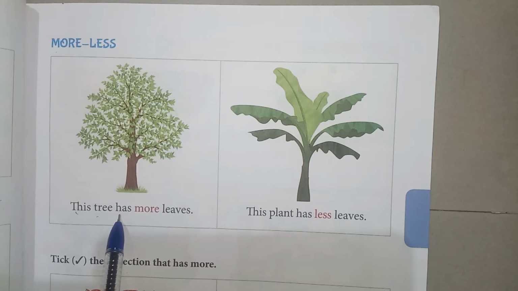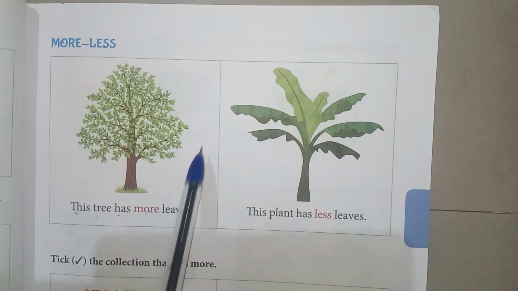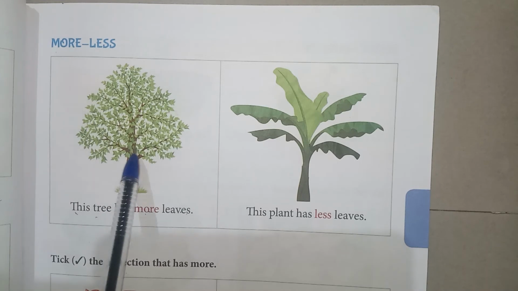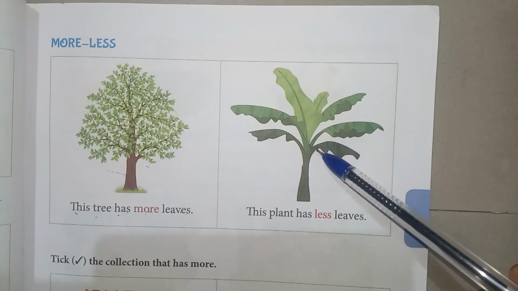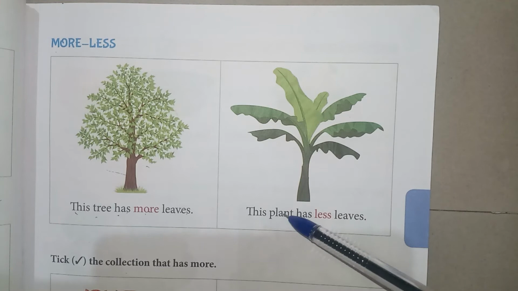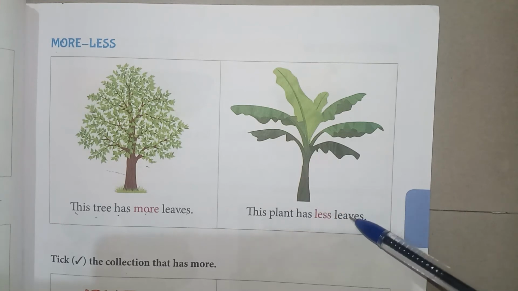This tree has more leaves. See, here you can see the picture of a tree and this tree has more leaves, and this is the picture of another tree. See, this plant has less leaves.